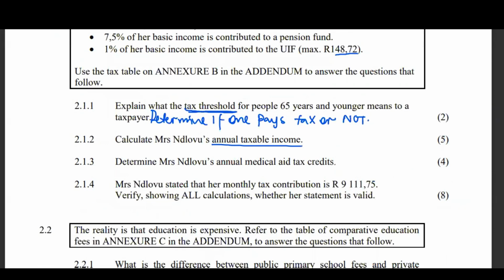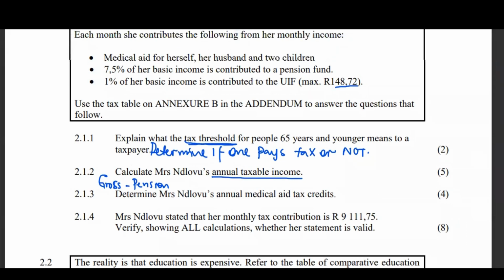First and foremost, we need to look for the taxable income. Remember, taxable income will equal the gross minus pension, because I'm seeing here pension, no medical aid. Remember they said annual, so we shall multiply the answer by 12. The gross we are told is 60,000.